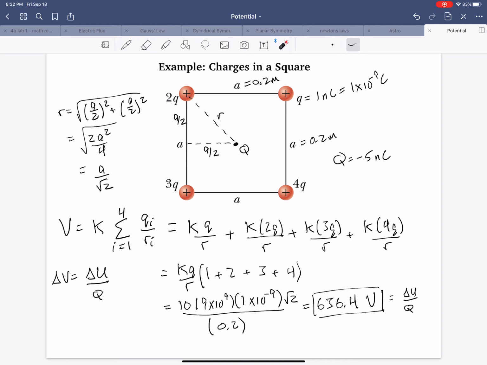And because Q is actually negative, it will be attracted to these charges. It'll be attracted, so it'll increase potential energy. But that's effectively how you solve for the electric potential for a set of discrete charges.